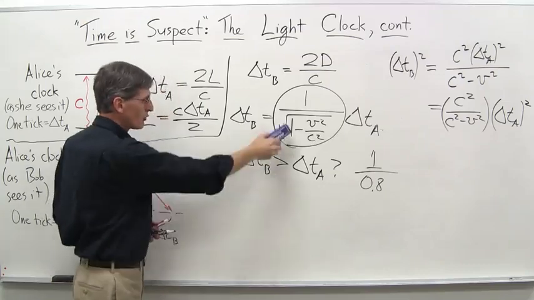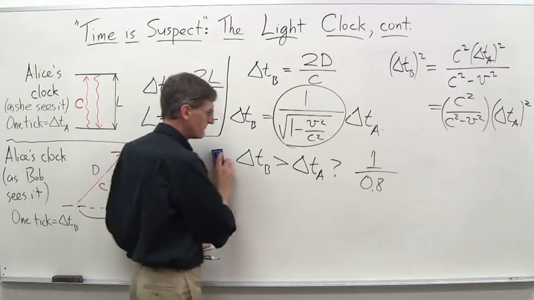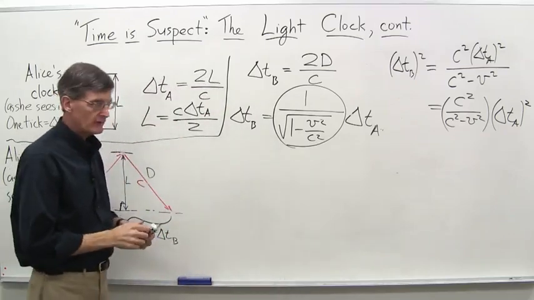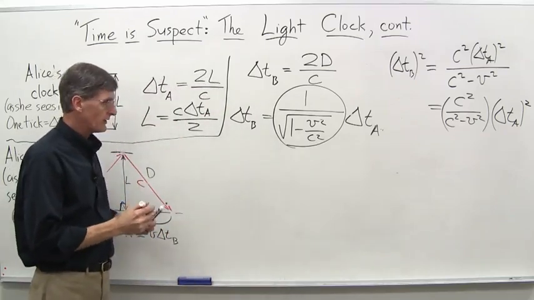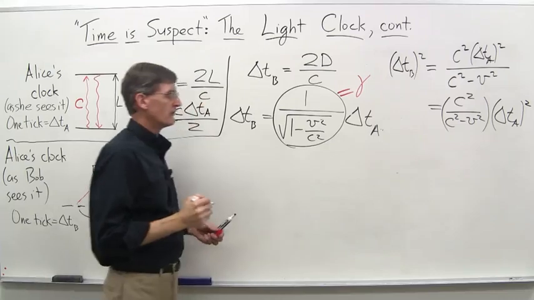And this special quantity, 1 over the square root of 1 minus v squared over c squared, occurs a lot in the special theory of relativity, and therefore it's given a special name. We say it equals the Greek letter gamma.